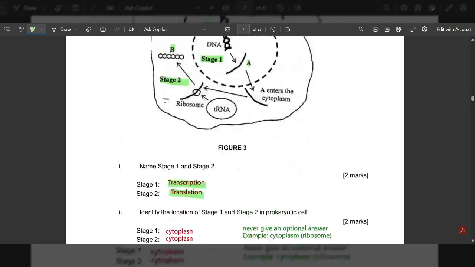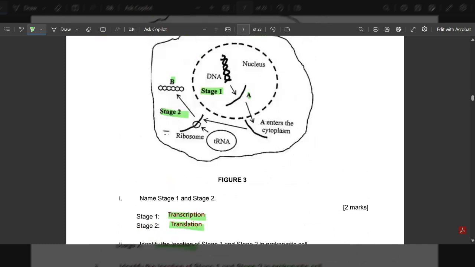If the question asks you further to mention the reason to support your answer, then for transcription there are two reasons. One, it happens inside the nucleus. The protein synthesis process happens inside the nucleus.